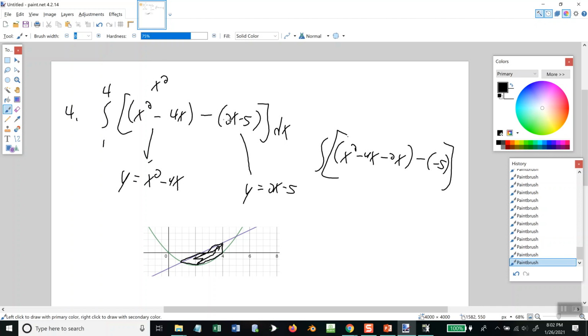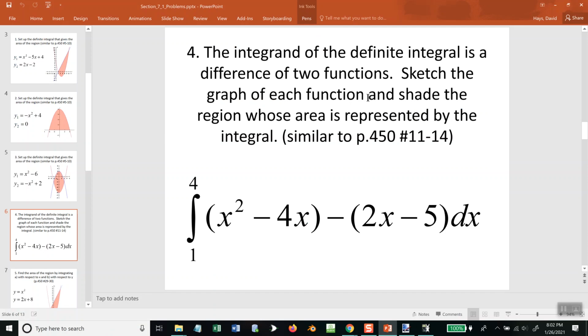Negative 4x, negative 2x, negative 6x, negative negative gives us positive 5. How many ways could I rewrite this? Infinite? I'm surprised the instructions don't say something like sketch, shade, or read, or something where there's multiple answers. But there are multiple answers.